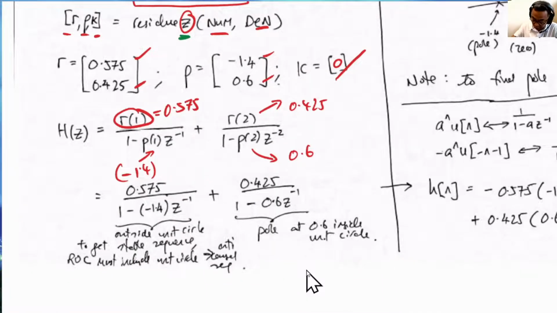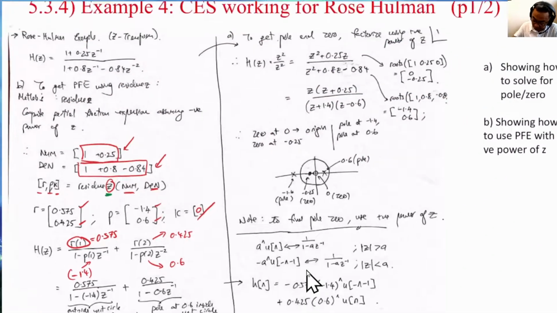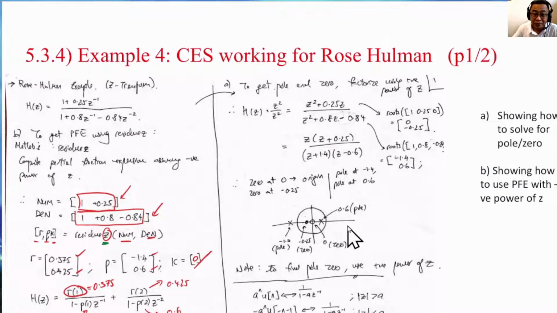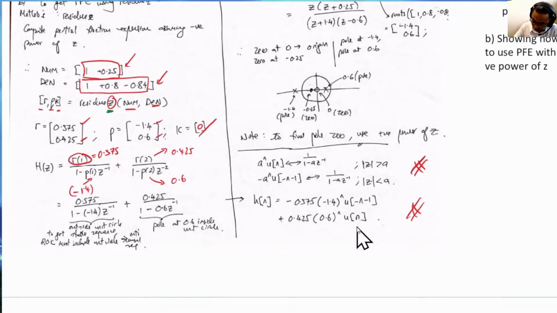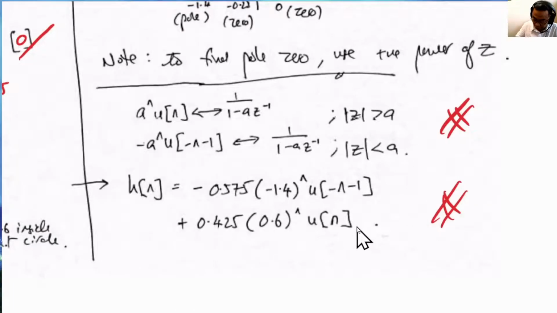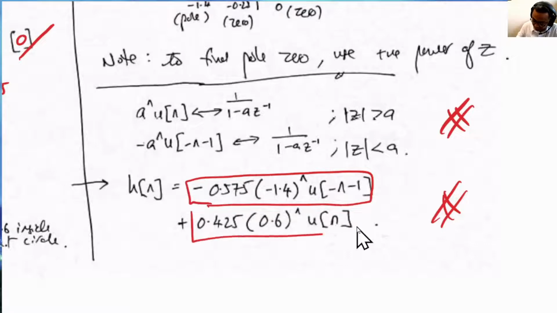Once I have it in this form, then I can perform a lookup table depending on my ROC. So in the first case, when I have the ROC including the unit circle, the first expression is an anti-causal sequence. The second expression is a causal sequence.